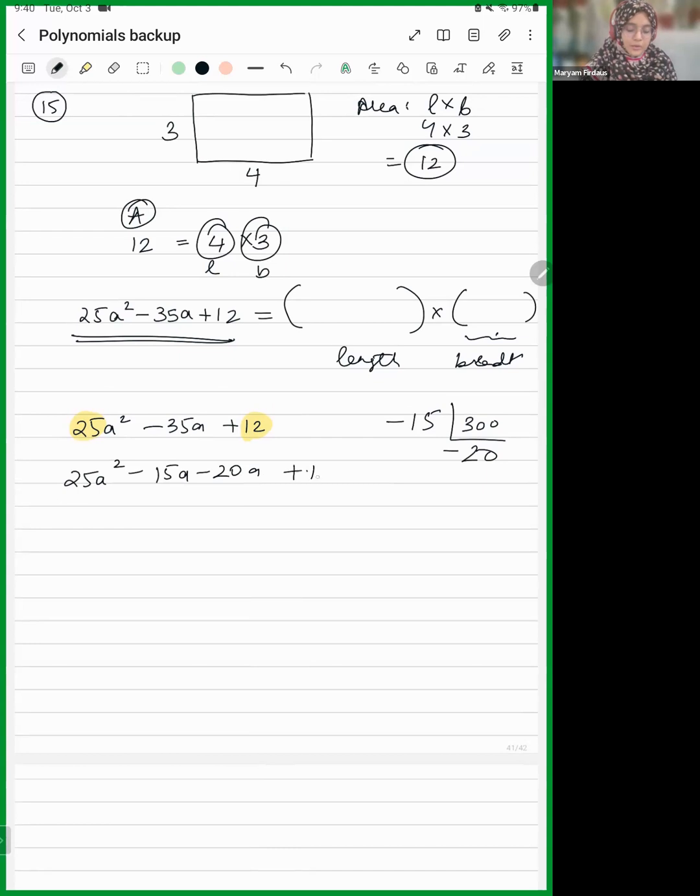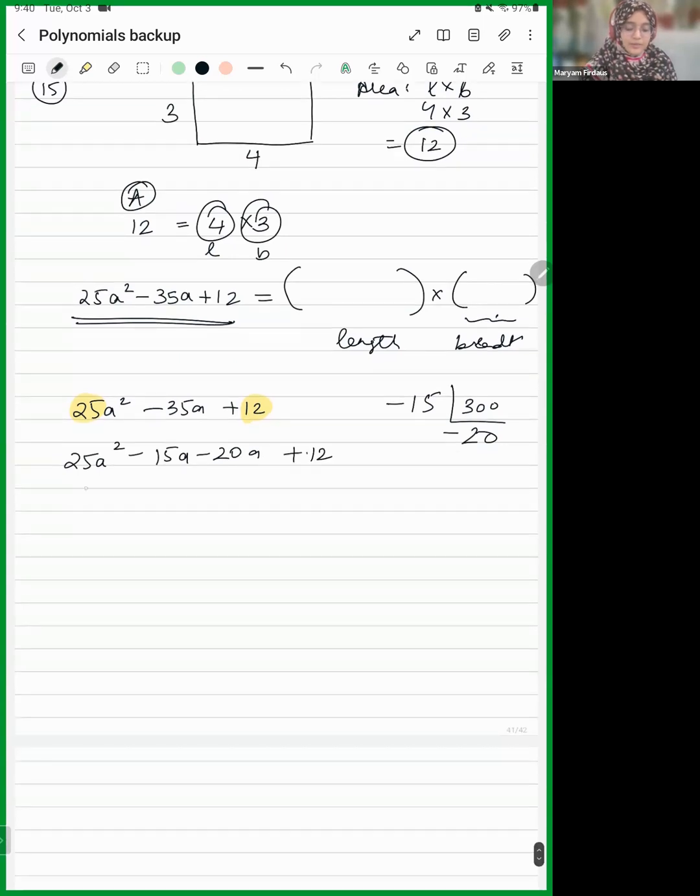From here, what can we take as common? 5a. 5a into 5a minus 3. Now we can't take just 2 as common.